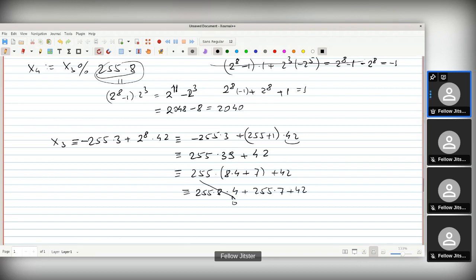It is 0. So we have this one plus 42. Can we compute it directly? It is easier.